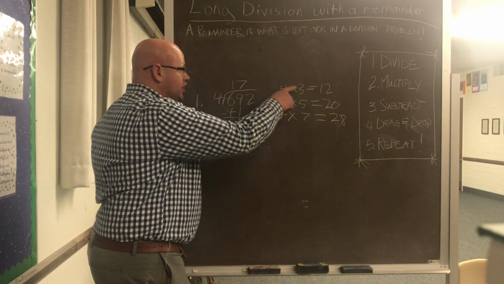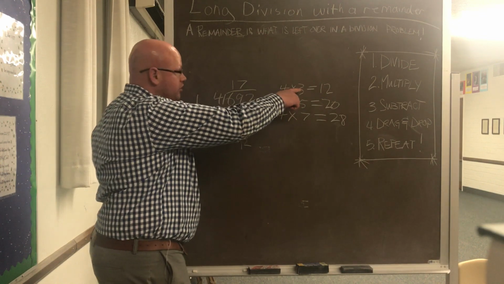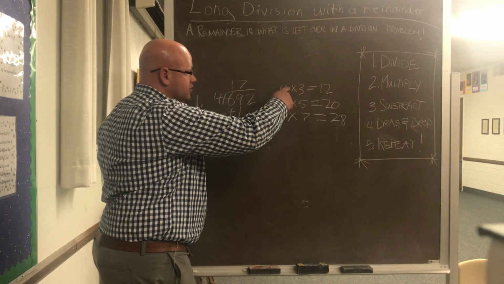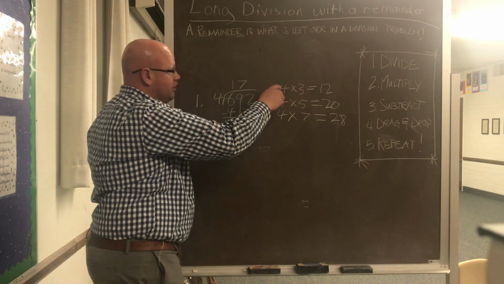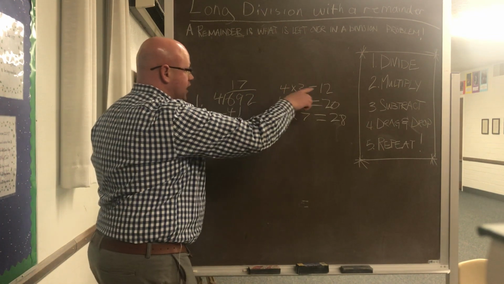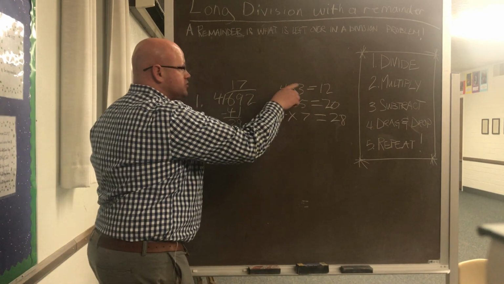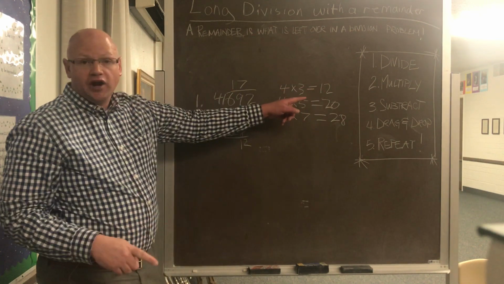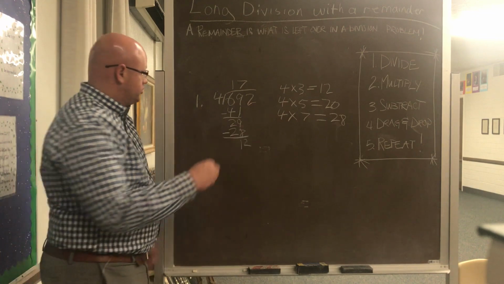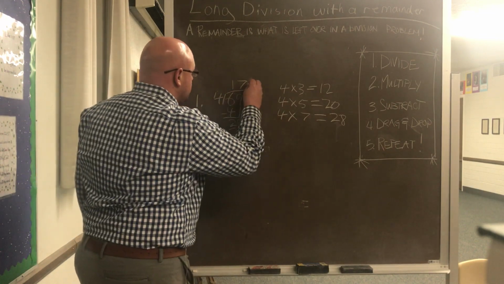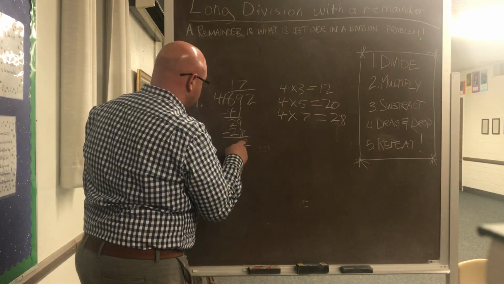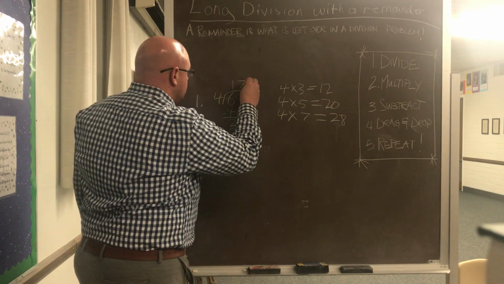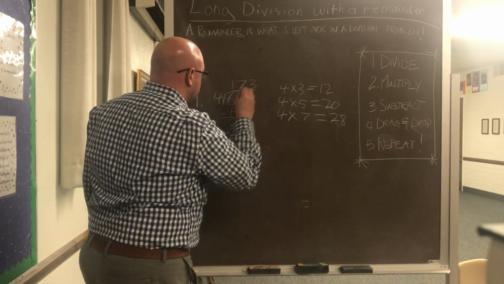Like we did before, look at this chart over here, and let's match it up. 4 times 3 equals 12. So that's the right number that we want to use. 4 divided into 12 is 3.